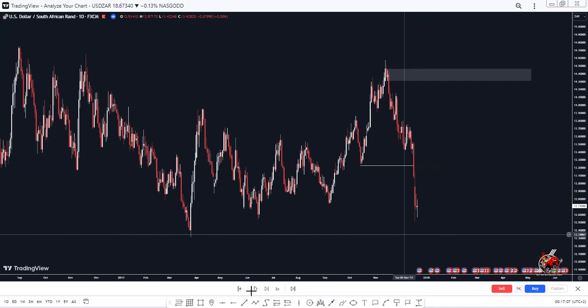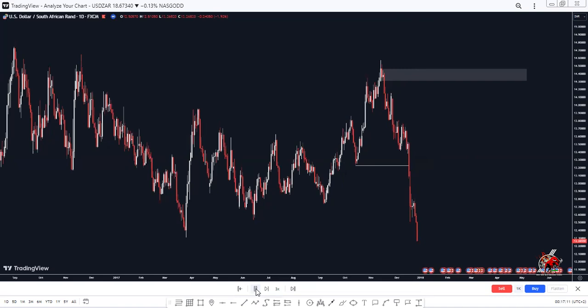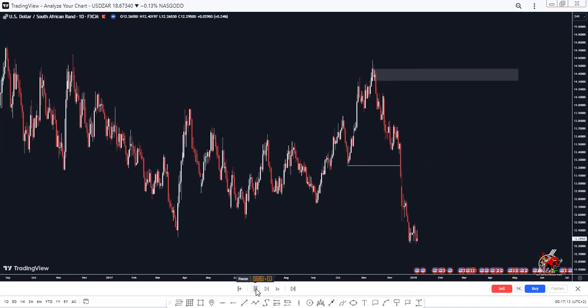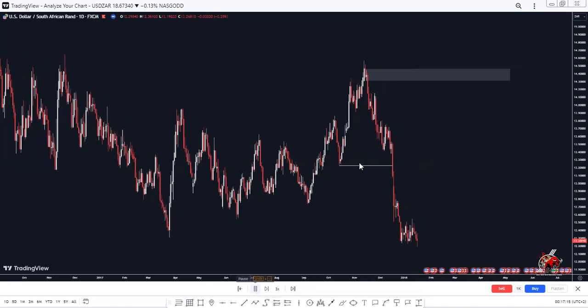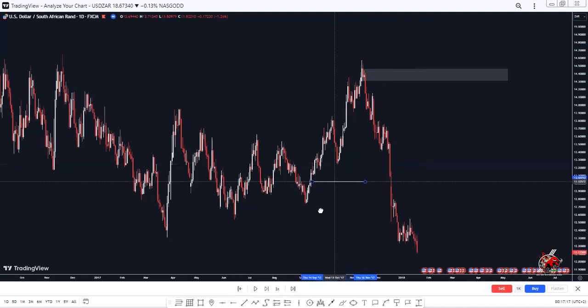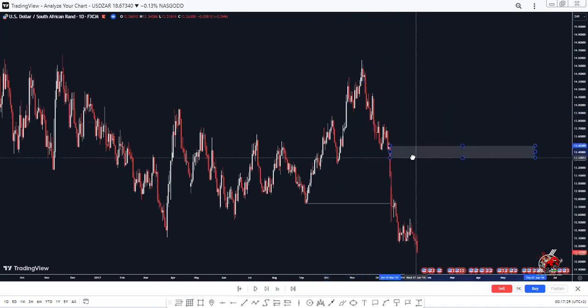And then let's see how the market moves. Okay, you can still use this one because now the market has closed nicely to the downside. And then I won't be using this order block. I'll be using this one instead.